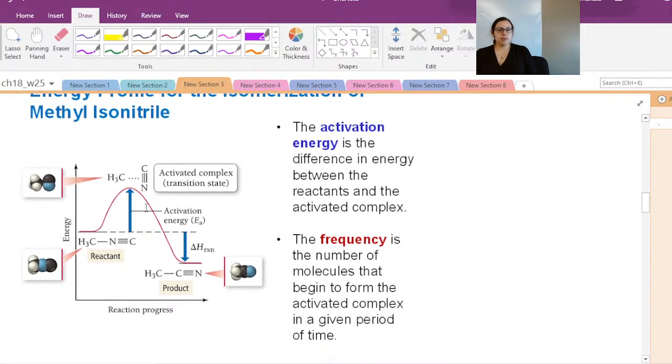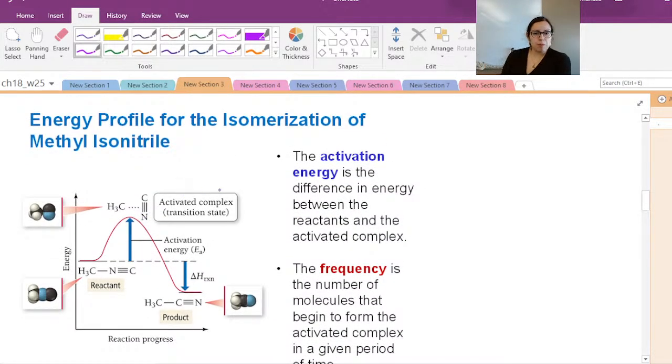And so this is just an example of what might create that energy profile. This is kind of interesting. This is a phenomenon that can happen where this isonitrile can flip around. Right now it's attached to our methane through the nitrogen. That's actually not typical, so it usually wants to attach at the carbon.